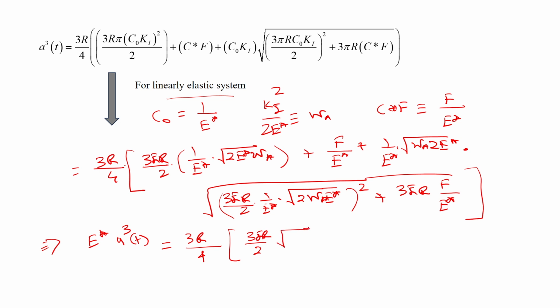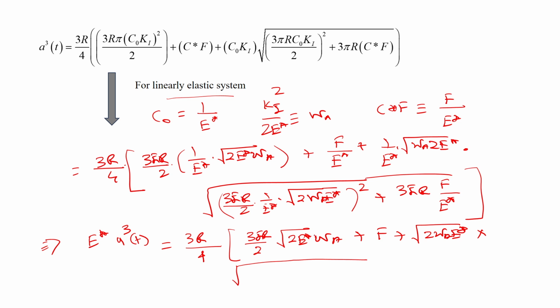So it is the square root of 2 E star into Wa plus F, and E star is already gone, so it is the square root of 2 Wa E star, into the square root of, here this is square, so let us make it square here.